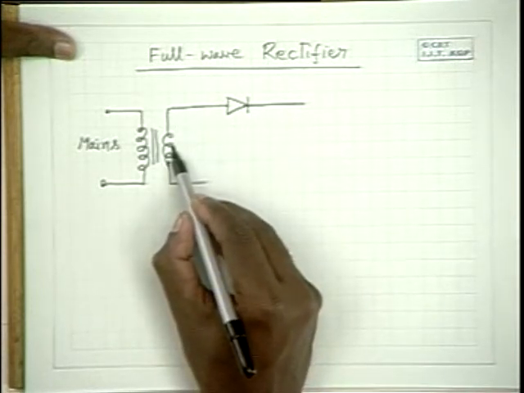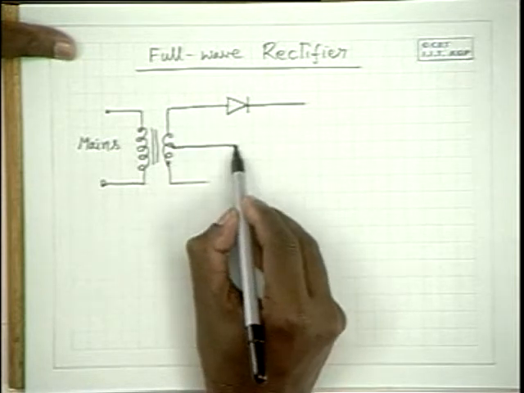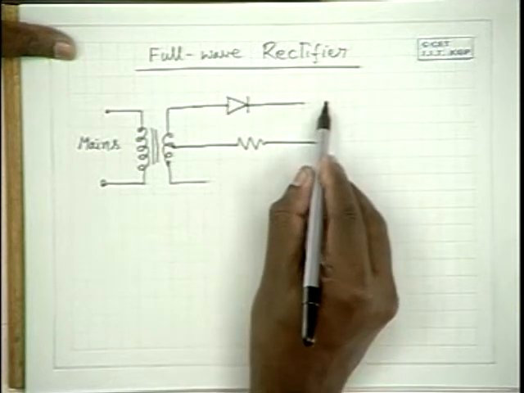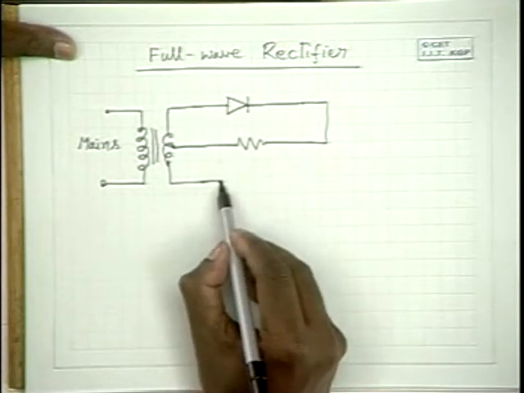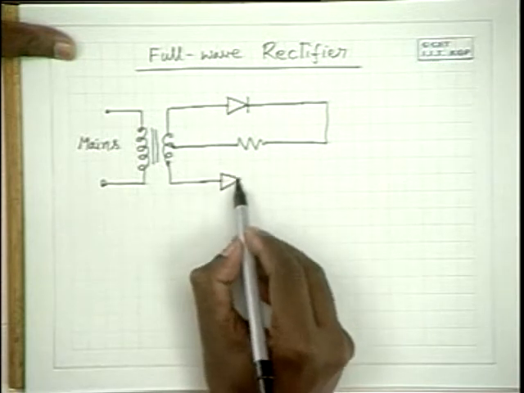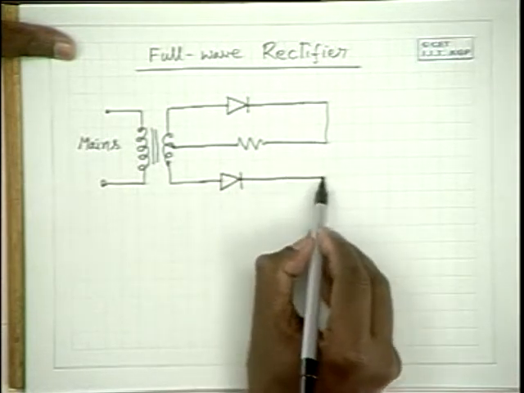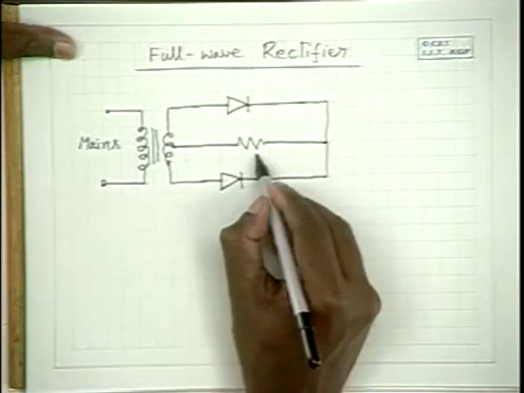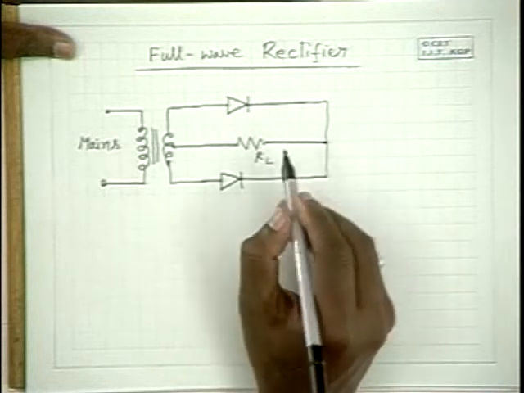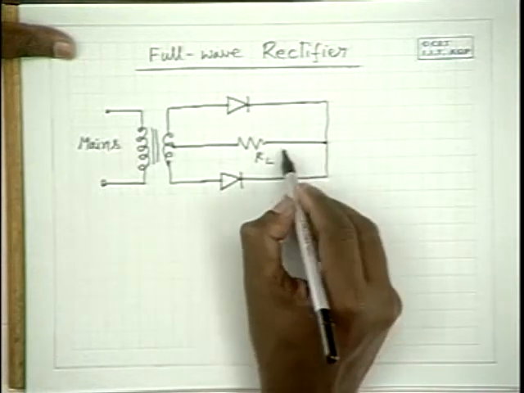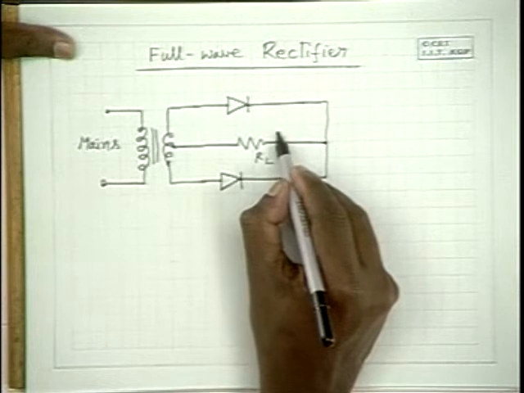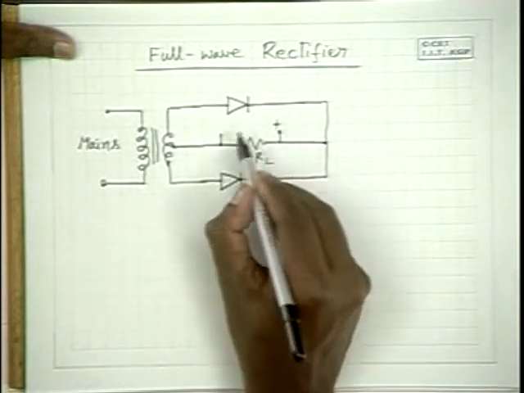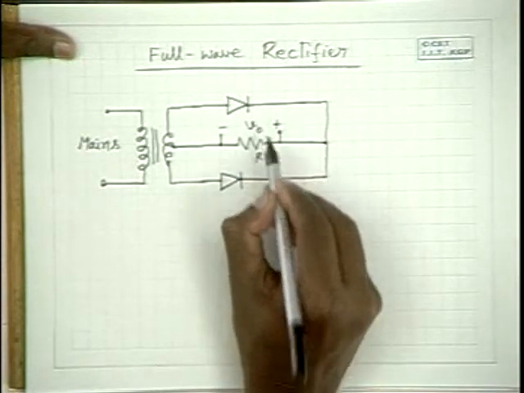You use a center tap transformer in the secondary and connect the load resistance over here like this to this arm and connect another diode in this fashion to this point, and this is the load resistance RL, and the output we want across RL is this, V0.